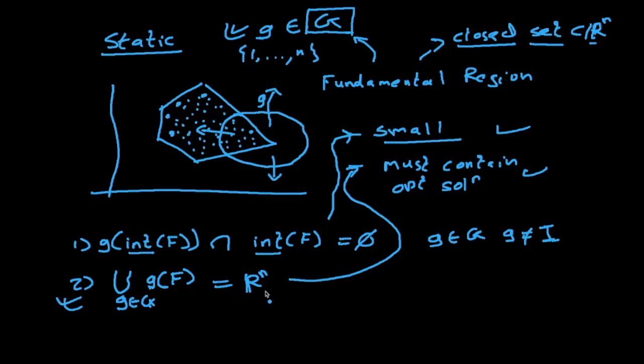That means there has to be some permutation G that covers this optimal point, and its pre-image should lie inside this fundamental region. So it has to map something, let's say this point, to this point.